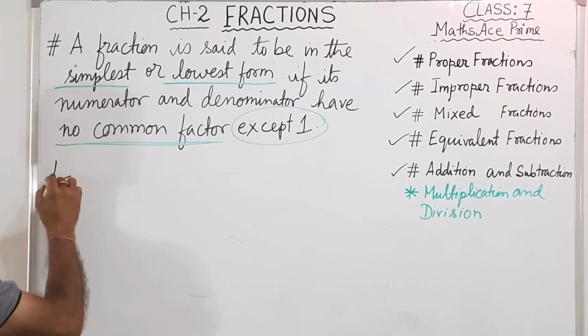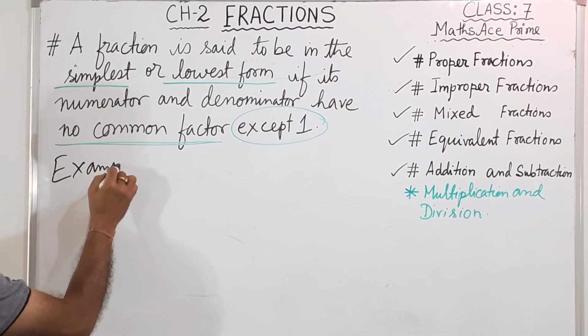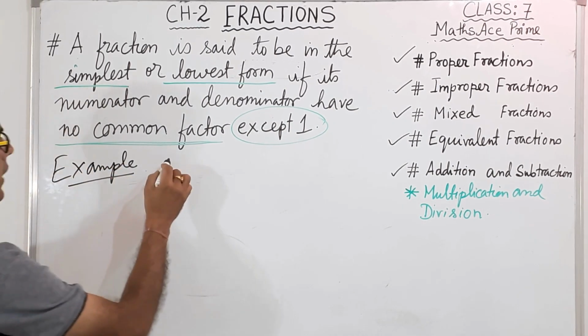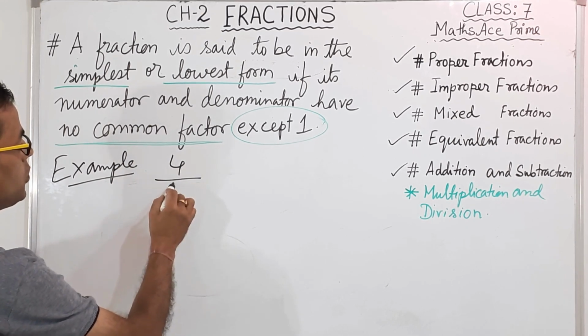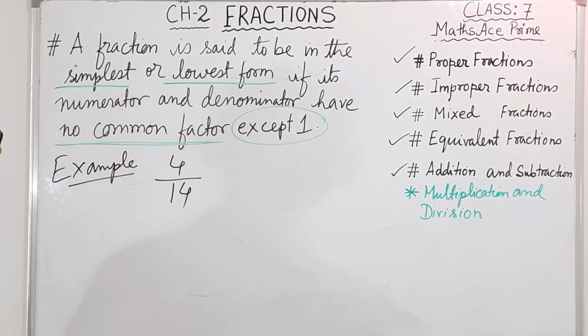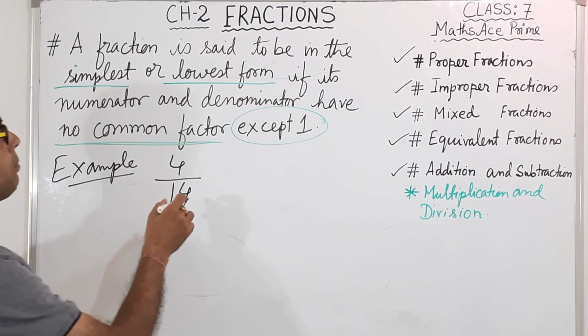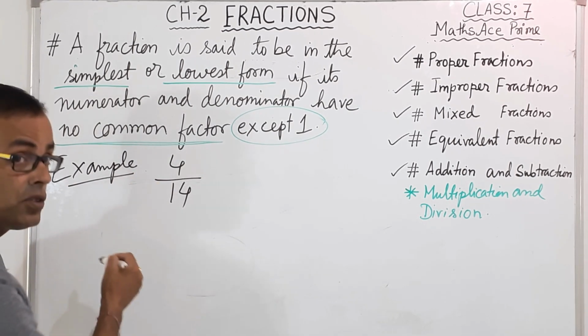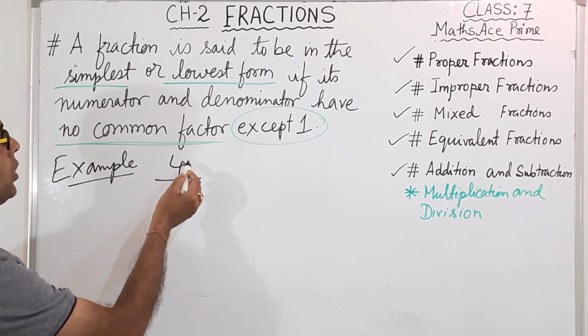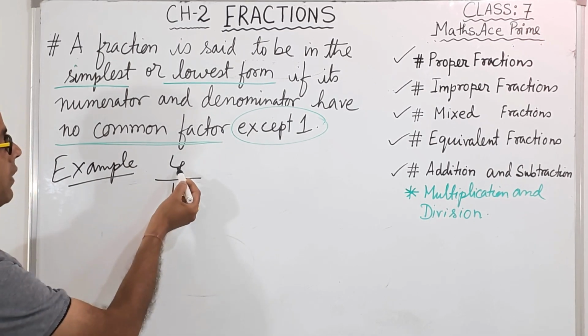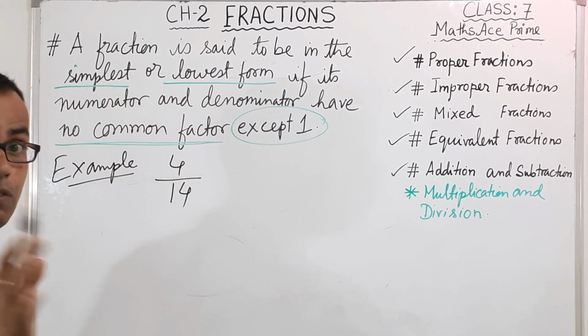Suppose, for example, if I take a very easy thing, 4 by 14. Now this is not in the simplest form. To make it in the simplest form, I can reduce it. How? Because 4 and 14 have a common factor.